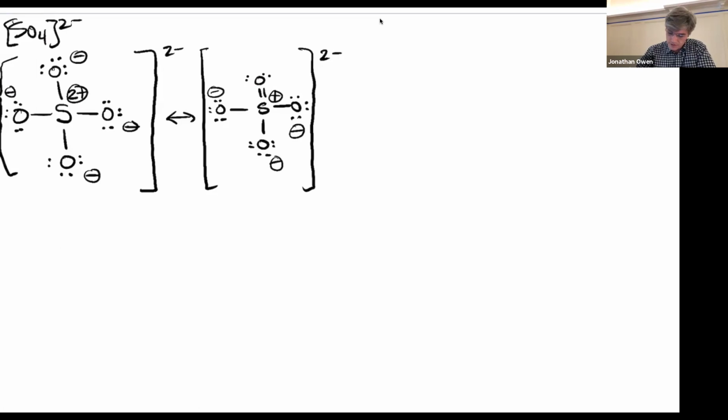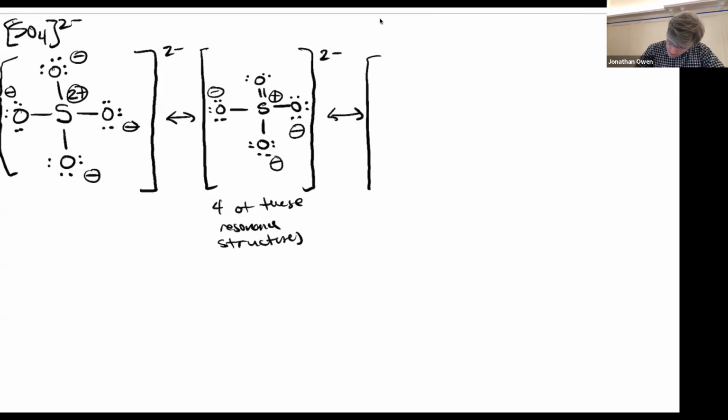And so this is another one of these drawings. And it turns out that there are 4 of these resonance structures. So you could put this double bond on any one of these oxygens. Okay, and let's do one more. Add another one of these double bonds.